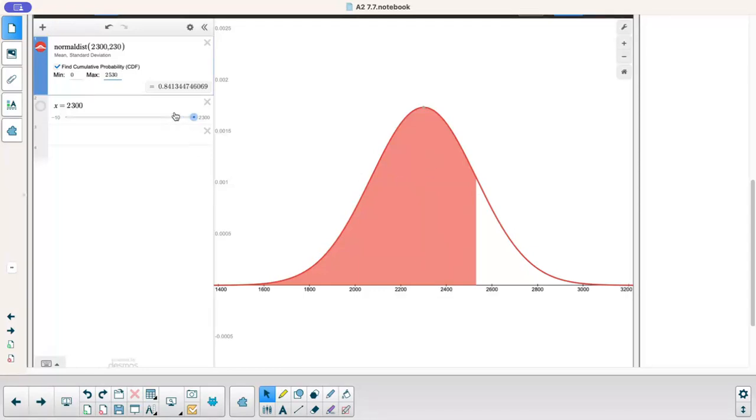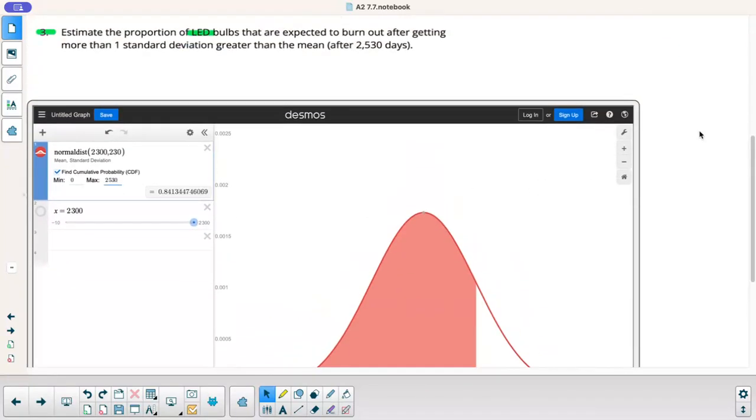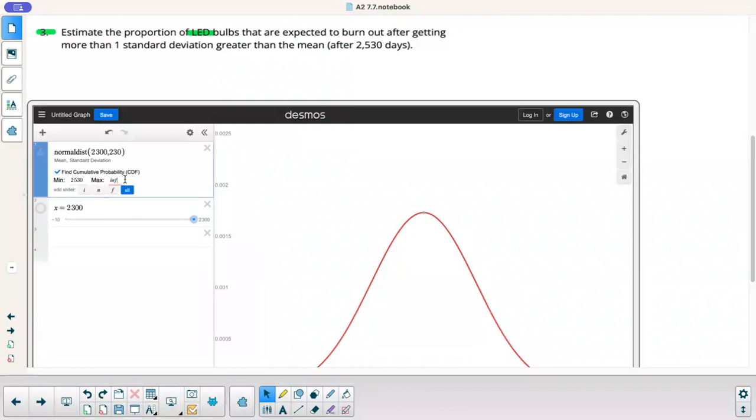So anyways, my answer is, hold on. Oh, it says more than one standard deviation. So actually I have to change that here. That's going to be my min, 2530 up to infinity. You can just type infinity.